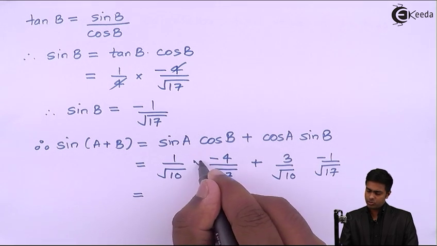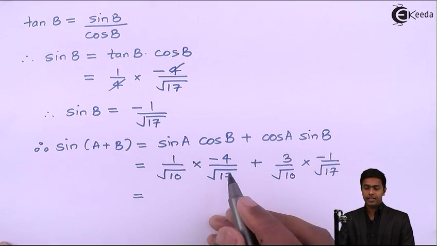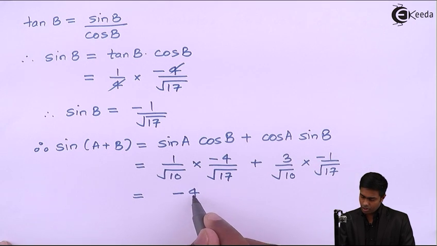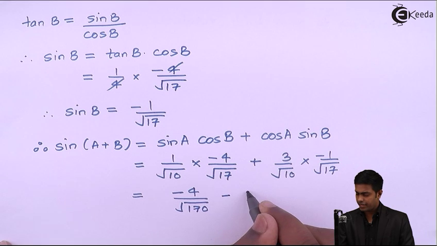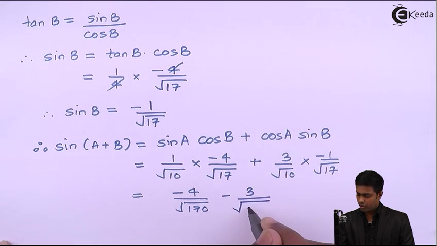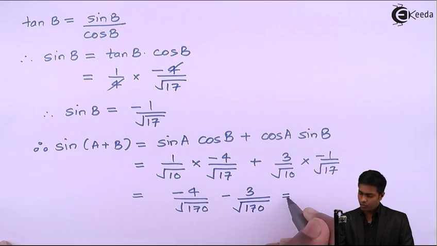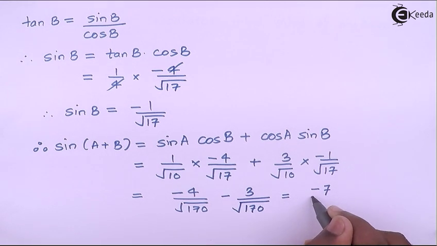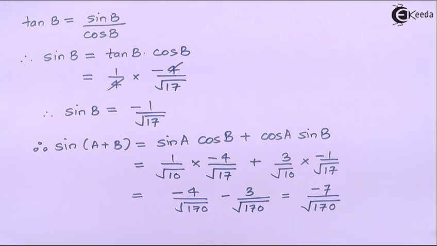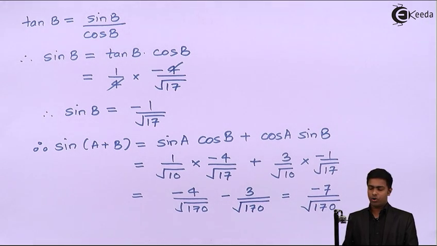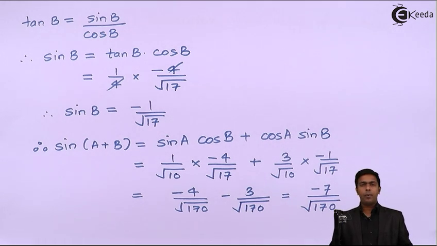By multiplying these two terms and these two terms, we will get minus of 4 upon root of 170, and here we will get minus of 3 upon root of 170, which is equal to minus of 7 upon square root of 170. So we got the value of sine of A plus B as minus 7 upon root of 170.